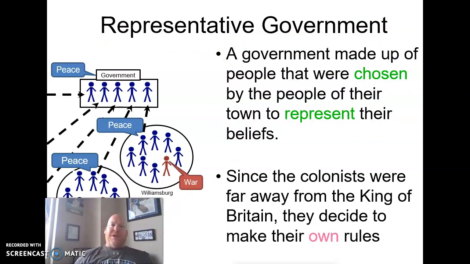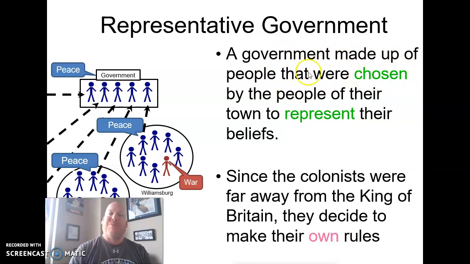We're going to talk about something known as representative government. It is a government made up of representatives, people that are chosen. Here in a month or two, we're going to have an election. That's where we choose these people.